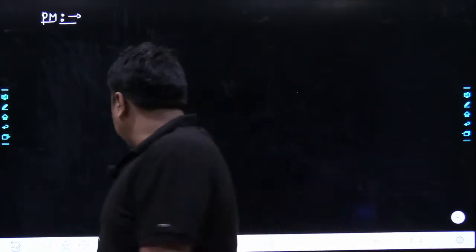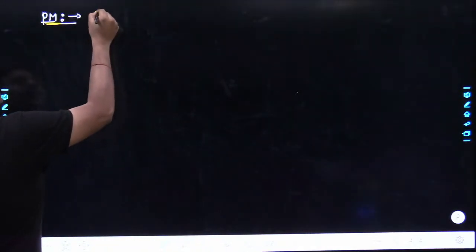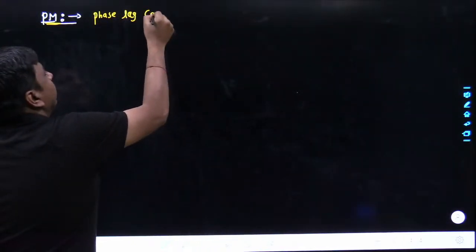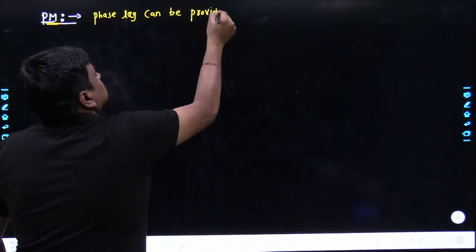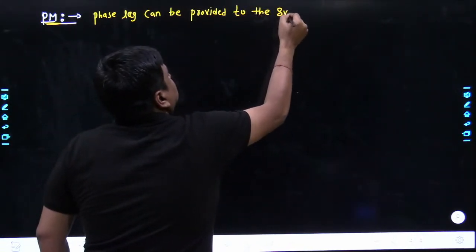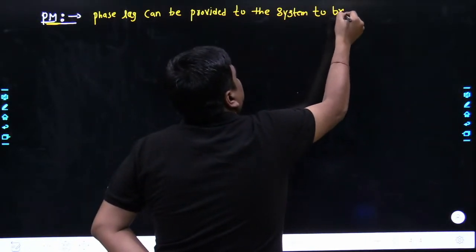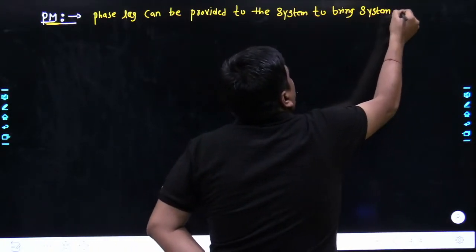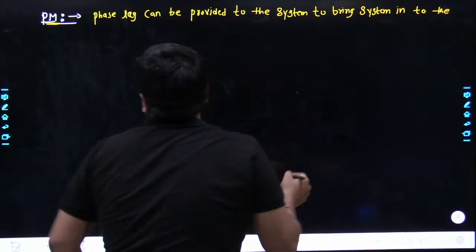Agreed? So better to write the definition of the phase margin. Write down. Phase lag that can be provided to the system to bring the system to the verge of instability.